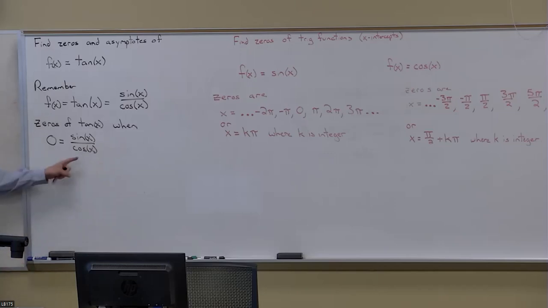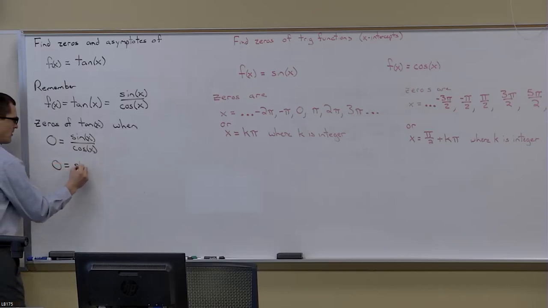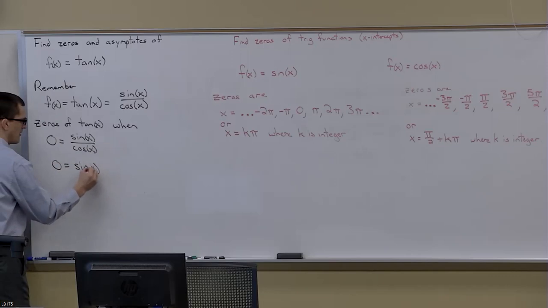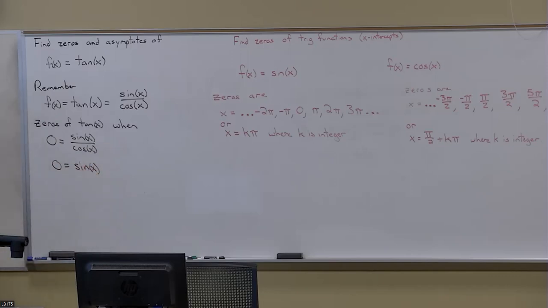And you'll notice the denominator is never going to affect this. You just multiply both sides by cosine. So the zeros of tangent happen when sine is 0.